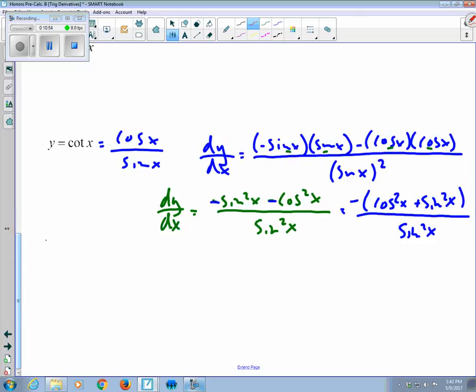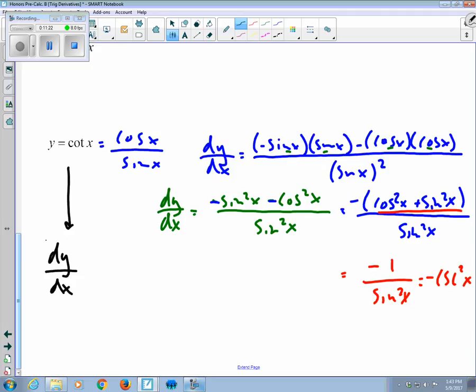When we substitute 1 in, we get negative 1 over sine squared x, which simplifies to negative cosecant squared x. So the derivative of our cotan, dy dx, is negative cosecant squared x.